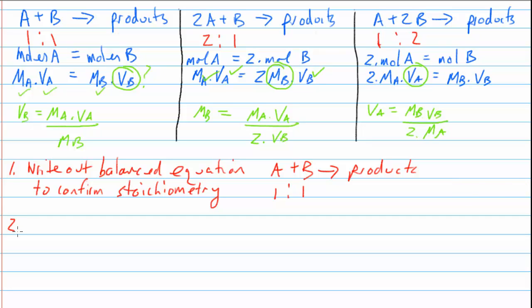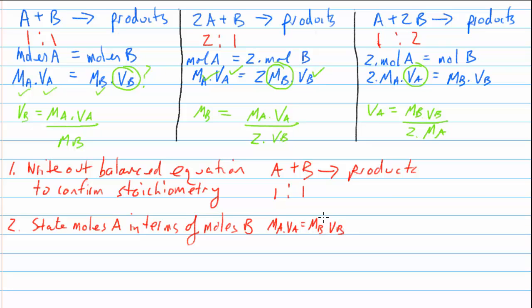Secondly, you should state the moles of one of the reactants in terms of the moles of the other. State the moles of A in terms of the moles of B. So if the relationship was 1 to 1, the moles of A would be equal to the moles of B, and then converting that to molarity times volume, we would say MA VA equals MB VB.